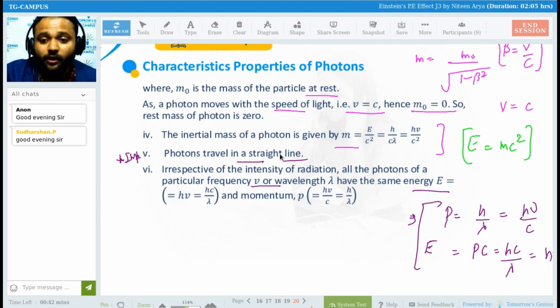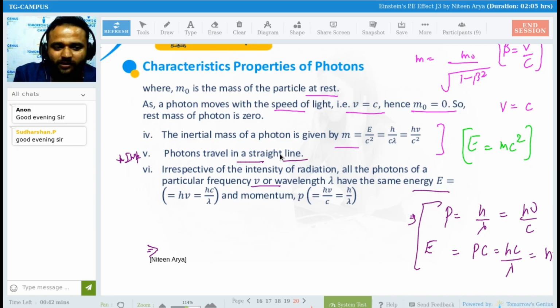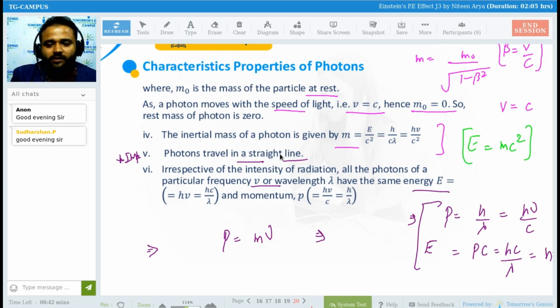How does this come? Momentum is mv, right? Or in this case, kinetic energy: the relation is KE equals p square by 2m.